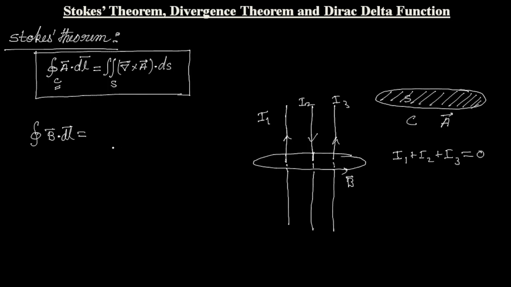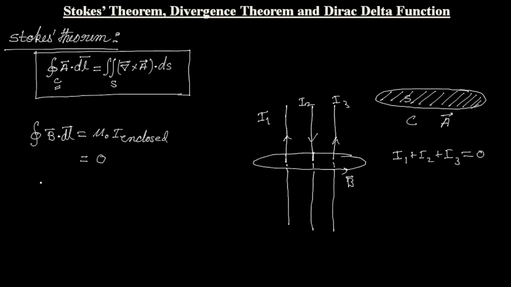We have learned in 12th class that the line integral of the magnetic field along a closed loop is equal to mu naught times the current enclosed by this loop. In this case, the enclosed current is 0, so B dot dl will be 0.